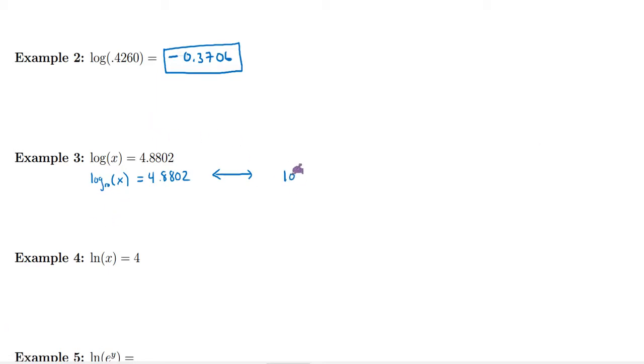So I have 10 to the 4.8802 is equal to x, and we can use our calculator to simplify that. Plugging this into your calculator, x is equal to 75,892.6993, rounding to 4 decimal places.